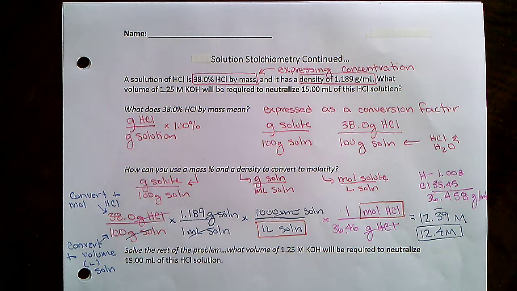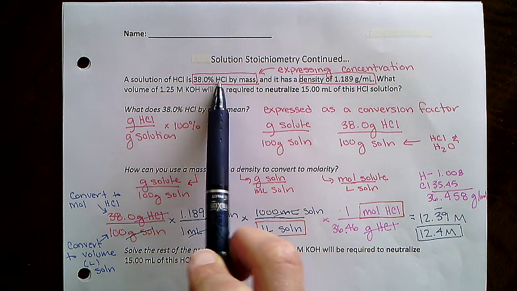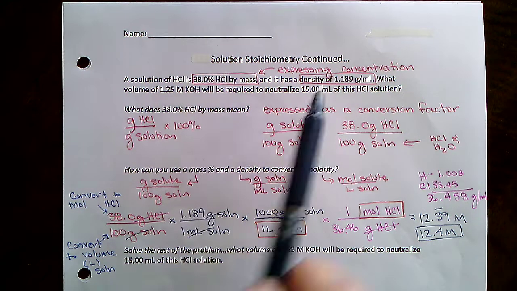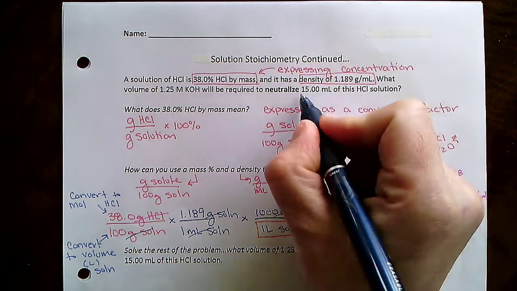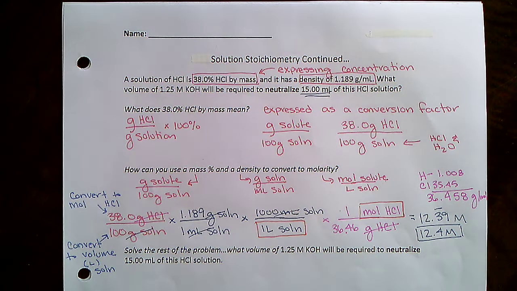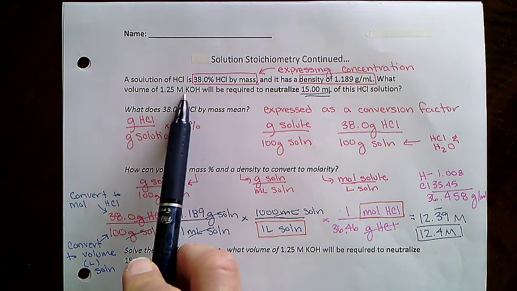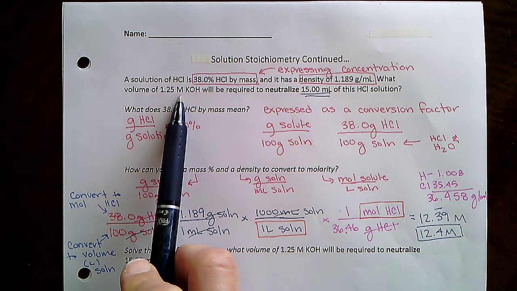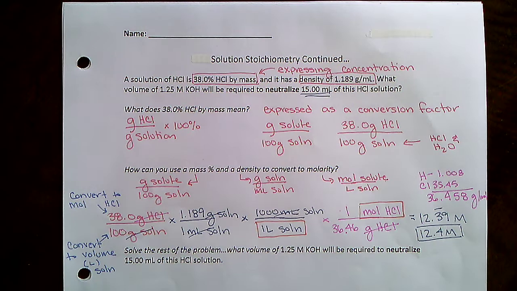Okay, now often the problem is not going to ask you for the molarity. Like in this case, they give you concentration via mass percent and density. And what they're really wondering is if you had 15 milliliters of this solution, how much potassium hydroxide, or how much base, if the base is 1.25 moles per liter of potassium hydroxide, would be required to neutralize 15 milliliters of the solution.